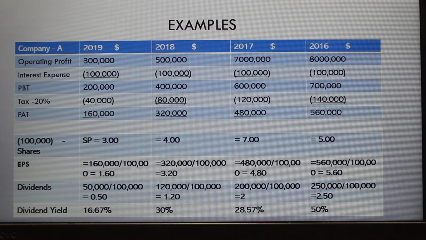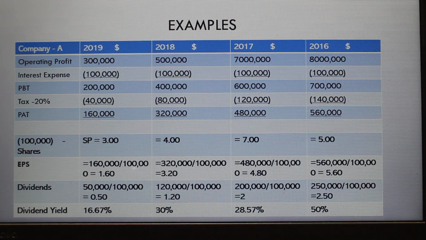Now let's look at 2016. Profit after tax is 560, and the share price is 5. Now the share price has fallen by $2, and if we consider the earnings per share, it's 560 divided by 100, and that gives $5.60.